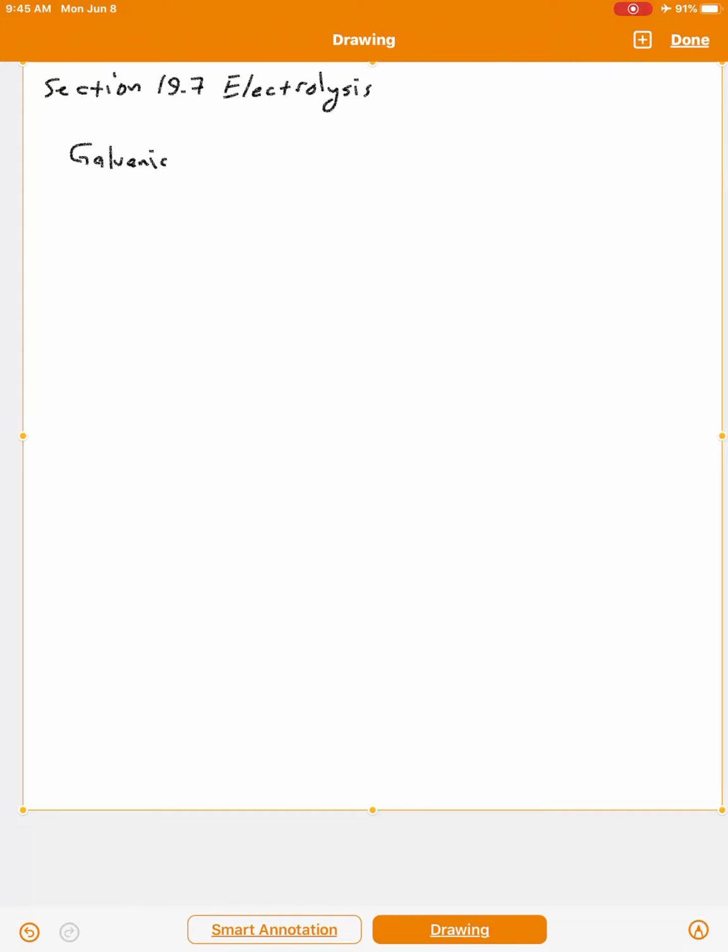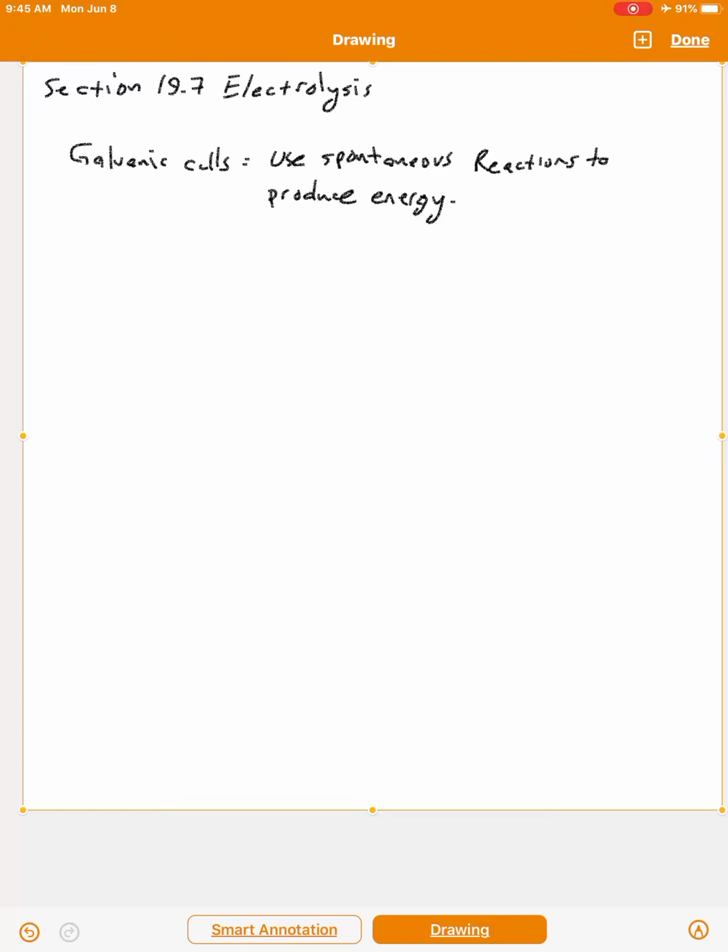So galvanic cells use spontaneous reactions to produce energy. Really, to release energy to the surroundings.